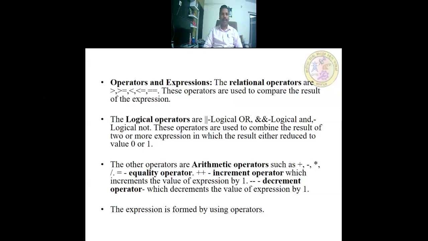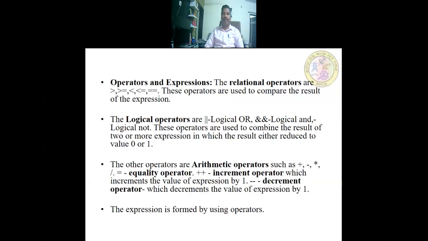The next operator is equal, called the assignment operator. It assigns the value of the right side expression to the left side. Next, plus plus is the increment operator, which increments the value of the expression by 1, and minus minus is the decrement operator, which decrements the value of the expression by 1.